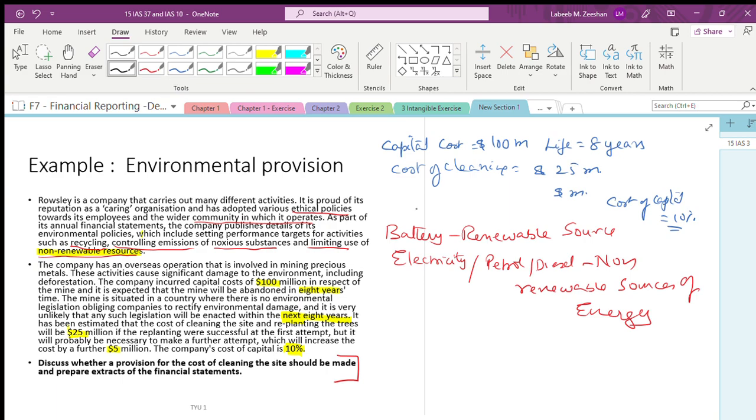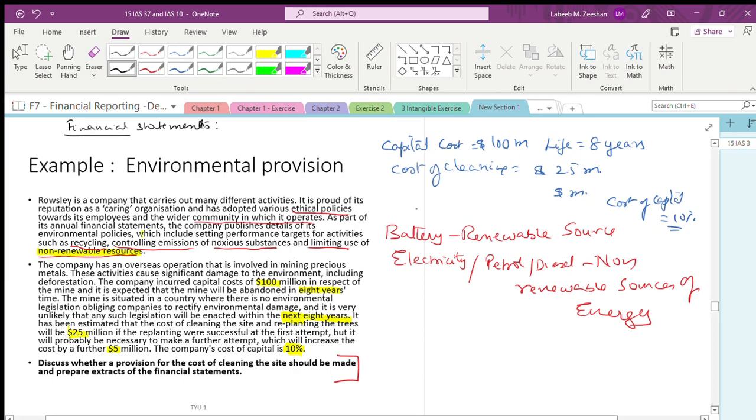Fine. Now, what they are asking us is to discuss whether a provision for the cost of cleaning the site should be made and prepare extracts of the financial statements. Is it right? Extracts of the financial statements. Fine. Now, if you are talking about extracts of financial statements, which points will you come across?